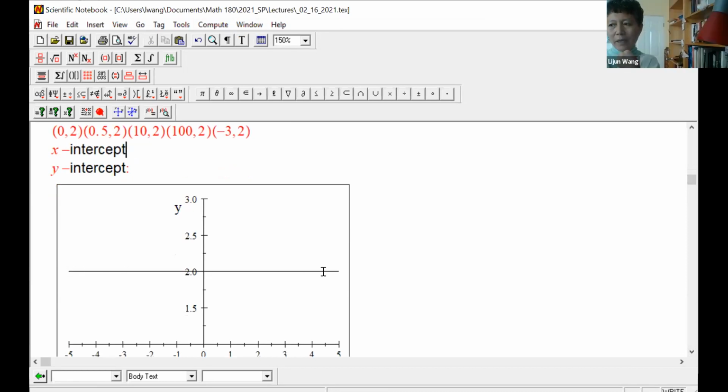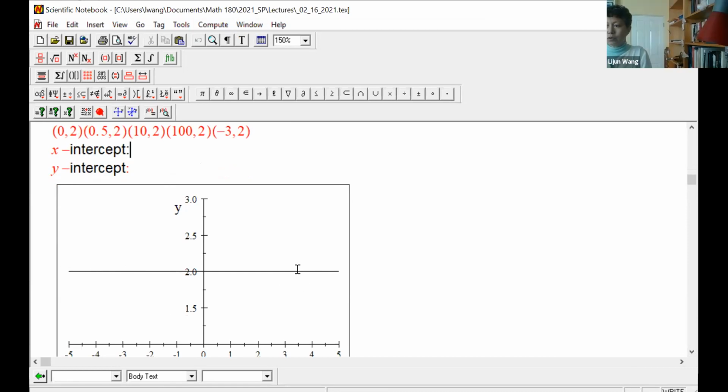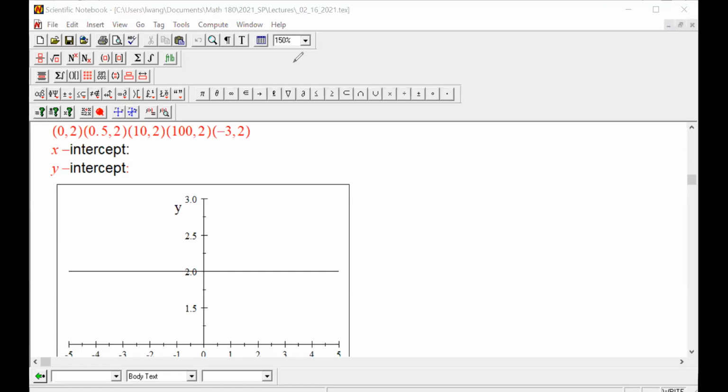Where does this line, the constant function y equals 2, f of x equals 2, cross the x-axis? It doesn't.